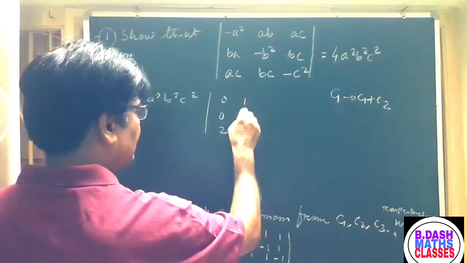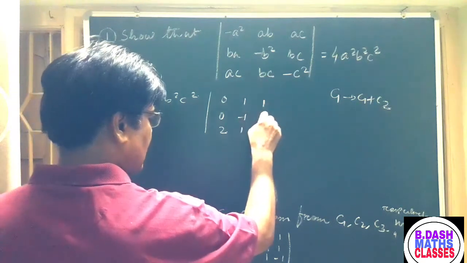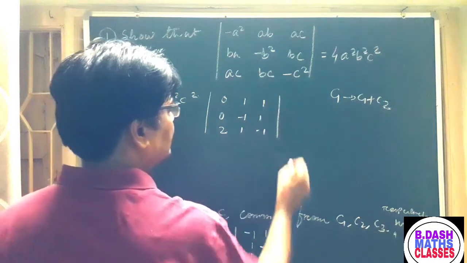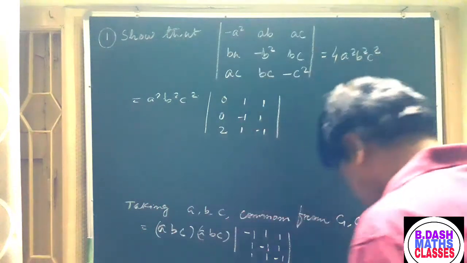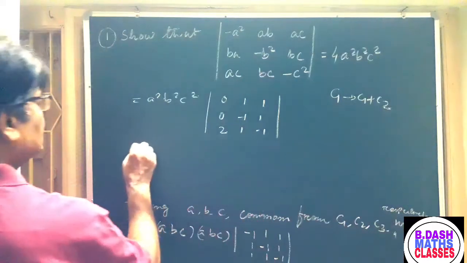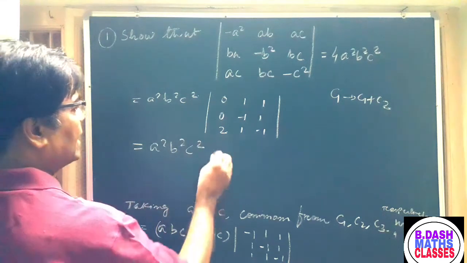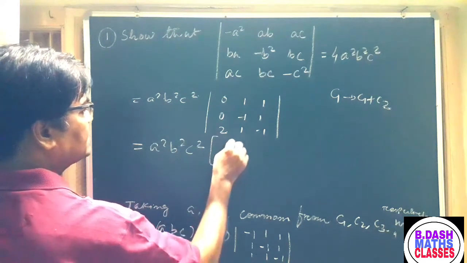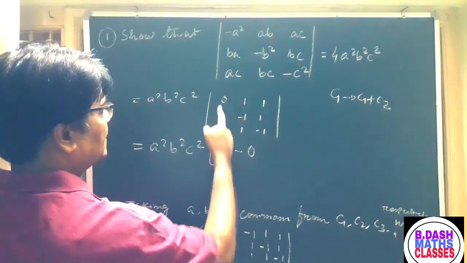The second column will remain as such, the third column will remain as such, because we are replacing column 1 by column 1 plus column 2. So this is equal to a square b square c square. Let us expand this determinant taking the first column.